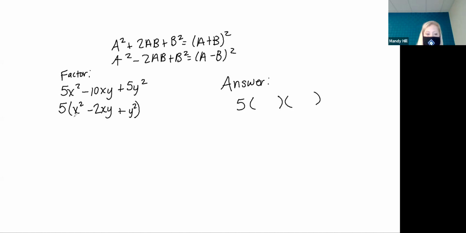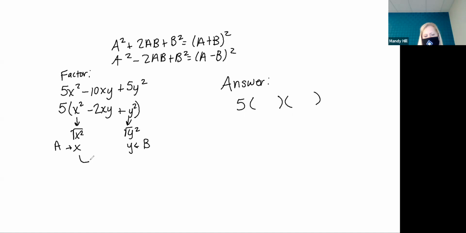a 5 in front. Now I want to take, remember, you're going to take this term and take the square root of x squared, which is x. If this little trick works, that should be our a. Then we go to our last term and take the square root of y squared, which is y. If this works, then that's going to be our b in our equation.